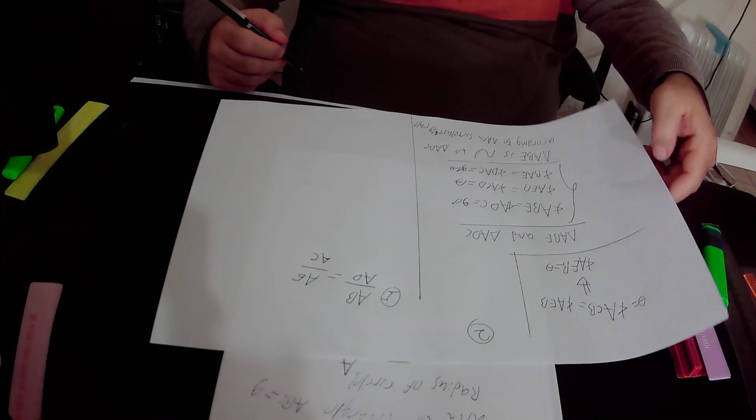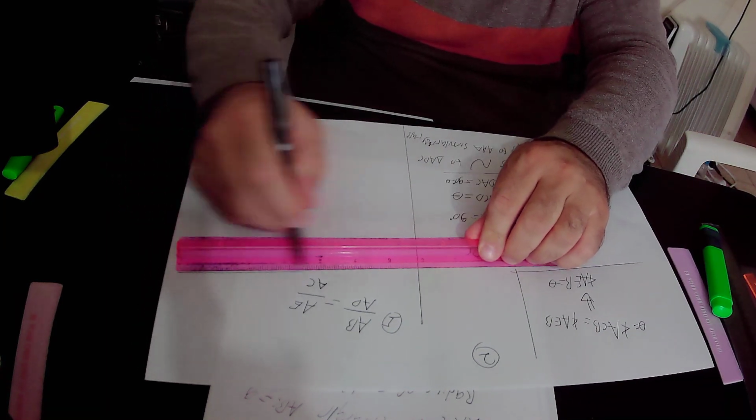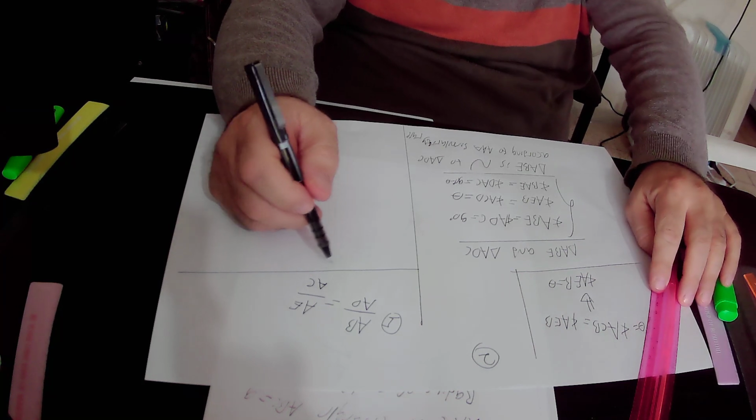I repeat again, from the fact that the two grand triangles are similar to each other, we conclude that AB over AD equals AE over AC.